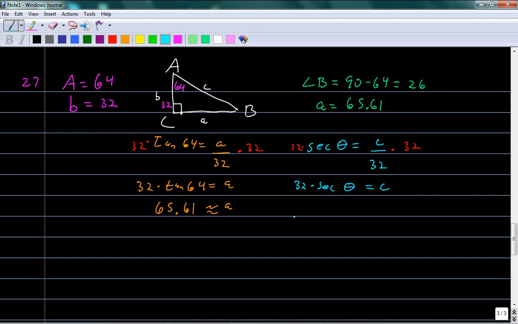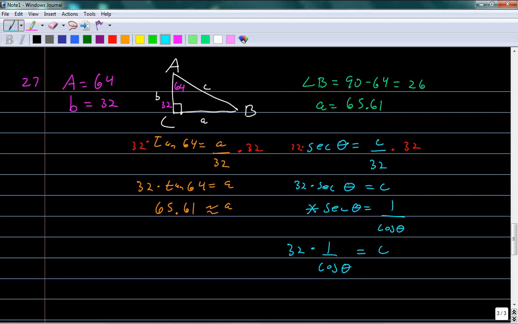But remember, secant of theta is equal to 1 over cosine theta. So that's how we're going to use this. So really, 32 times secant, or 1 over cosine of theta, is going to equal our c value.